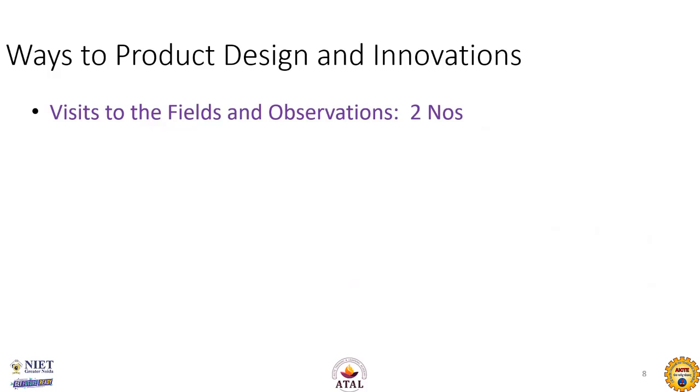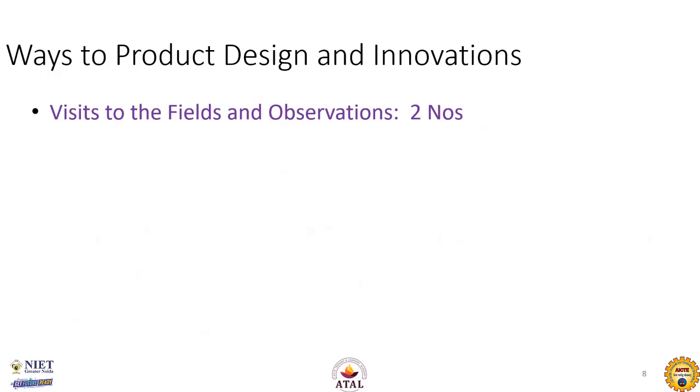How do you get an innovation or a new product design? In many cases, one approach is that you might be visiting some places and you observe that there may be some problem. With that, you try to make a solution, and this is one way in which product design and innovation can be done.